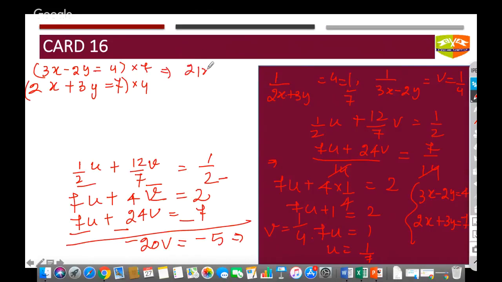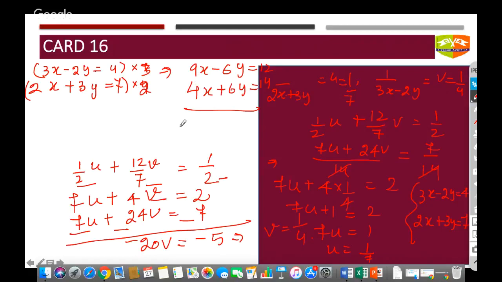I get here 21x minus 14y is equal to 28, and 8x plus 12y... or sorry, rather than doing this, I can multiply this equation with 3 and this with 2. So what I get is 9x minus 6y is equal to 12, and 4x plus 6y is equal to 14.